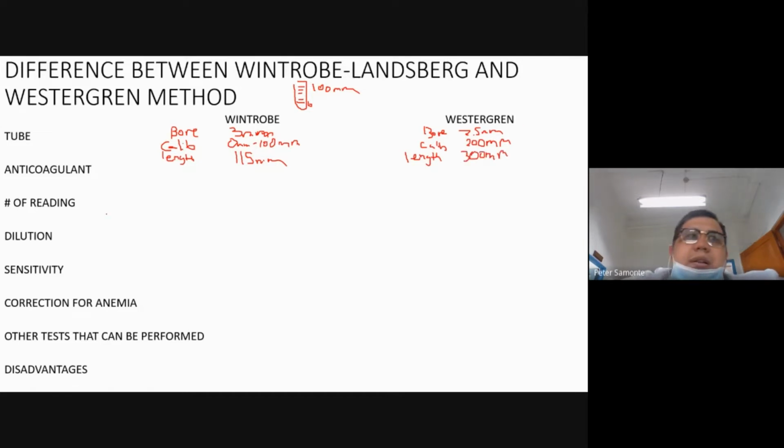So mahaba siya class. And then for the anticoagulant, as you recall, sa Wintrobe, ang ginagamit natin dyan class is your double oxalate. While for your Westergren, it is your 3.8% sodium citrate. Black top.